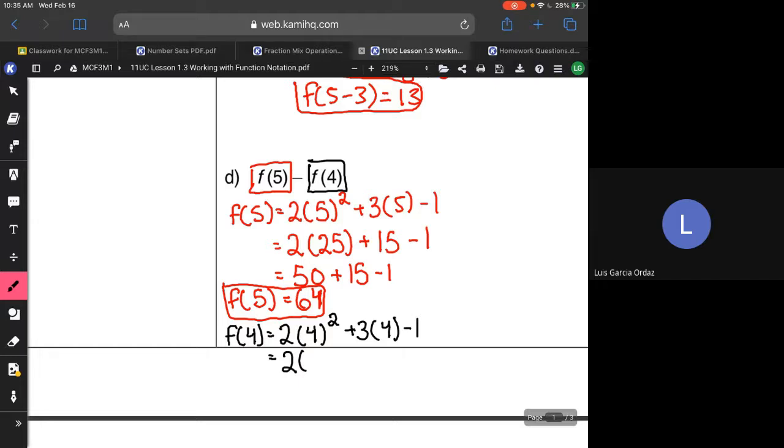Remember, 4 to the power of 2 means 4 times 4. Yeah. 16. Yep. 2 times 16. Yep. Plus 12. And 1. Okay. 24. 32. Right? Yeah. 32 plus 12 minus 1. So then what would my final answer be, Paulina?